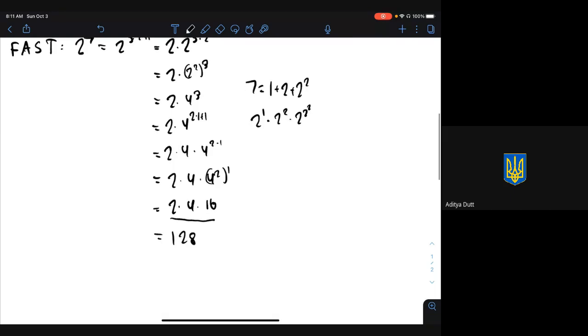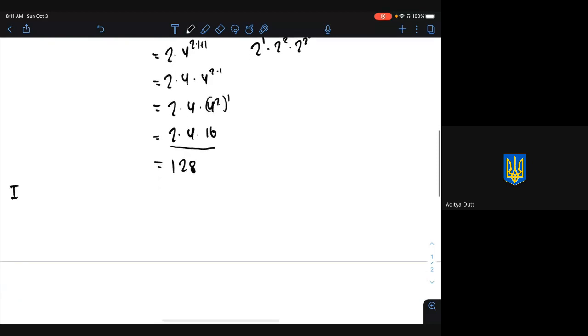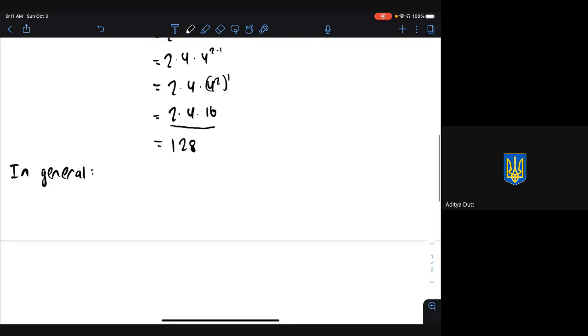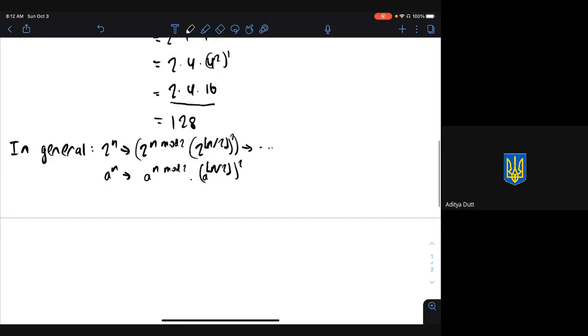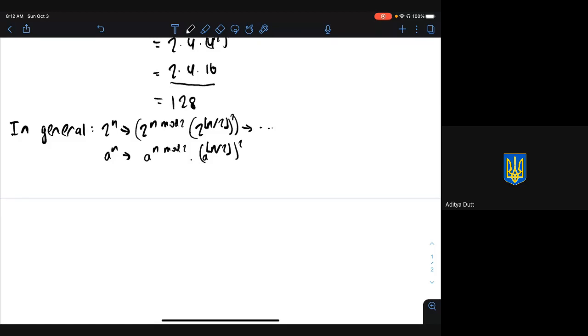And you can find this just by iteratively squaring. So in general, at each stage we have the exponent, square it, and then multiply by the remainder.